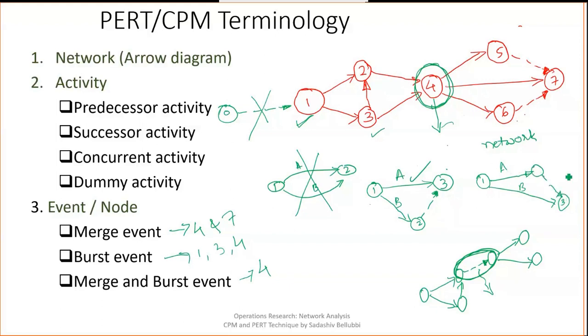Either this or this we can draw. If two activities have the same starting point and finishing point, then we can draw like this. But whatever the case, do not draw with a curved line. That is the wrong way of drawing the network.